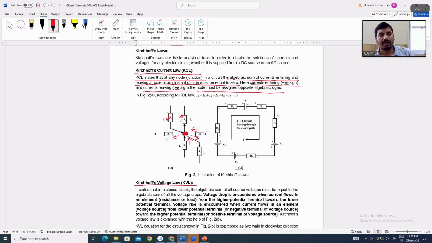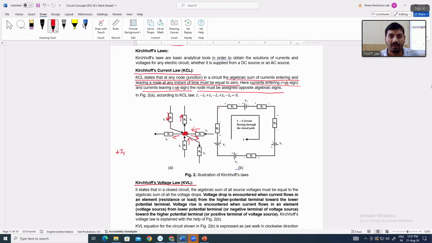So how can we write the KCL? We have to make an equation. We take the algebraic sum of currents entering as well as leaving this node, and that will be 0. This is I1, the current entering this node. We have taken currents entering as a positive sign, so in the KCL equation we take plus I1.